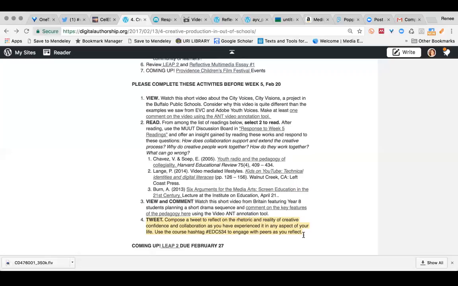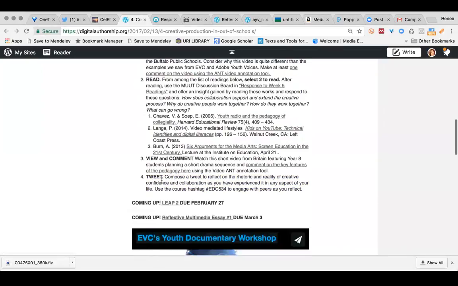Or maybe you'll tweet about the pre-production process that you're going through as you think through your Leap 2 project. But share some reflection publicly with our team and the world on the rhetoric and the reality of creative confidence and collaboration as you are experiencing it.